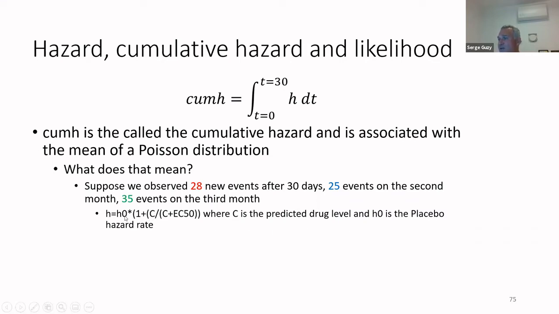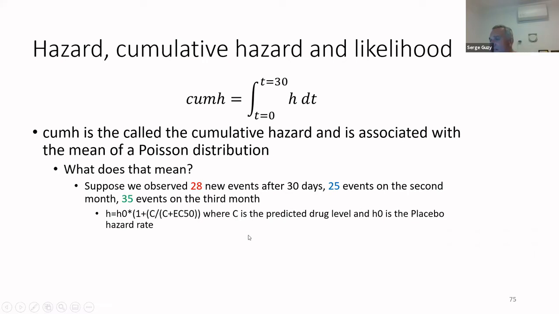When C equals 0, it's called the base hazard rate. And then when you increase the exposure, the hazard rate increases. Then the program is going to estimate H0 and EC50. And the C is going to be predicted by the PK model.